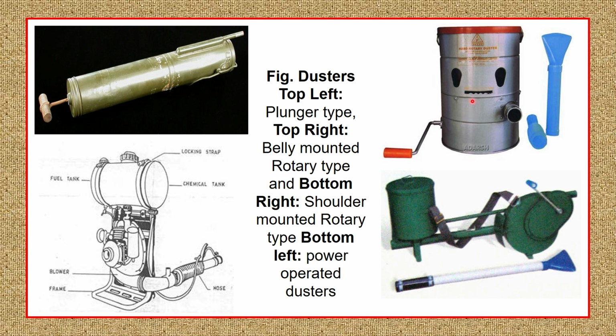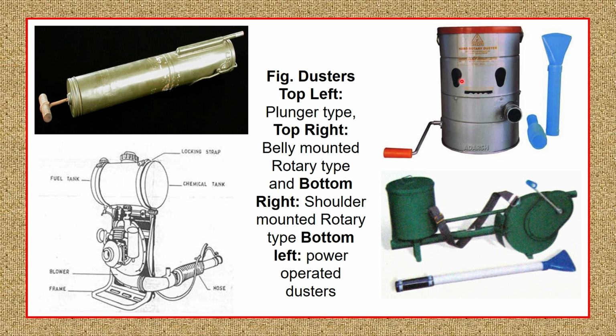This is the rotary type of duster, where it is hung on the belly of the operator. With the help of this handle, the air required to carry the chemicals is generated, and as we rotate this, the rotor sucks the air, and that air is passed across the surface of the chemical powder kept inside the tank.